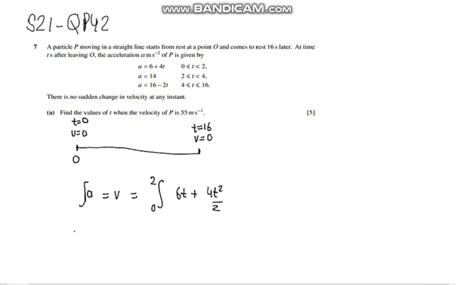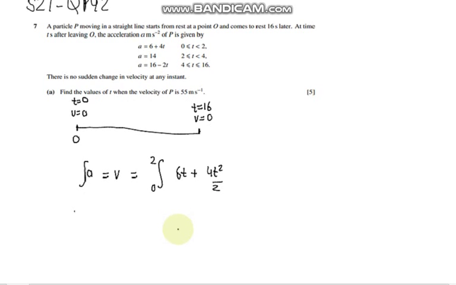This would make 6t plus 2t^2. Putting the values 0 to 2 would give us 12 plus 4 into 2 squared, which is 4, so 28 meters per second. So 55 is not reached in the interval 0 to 2.